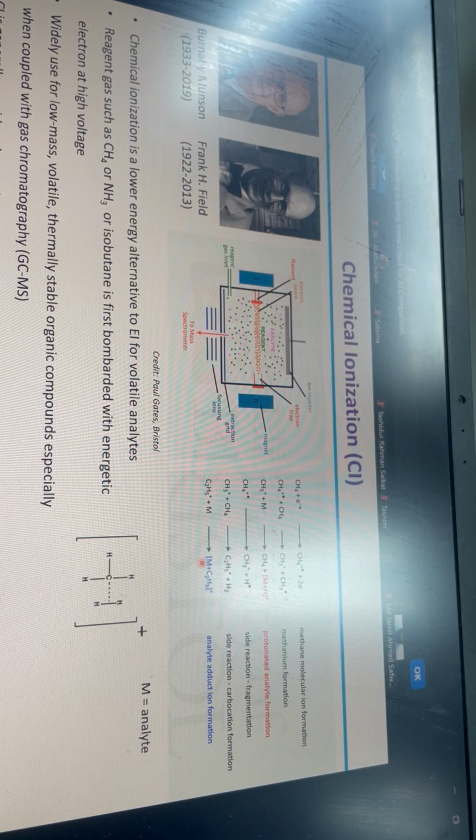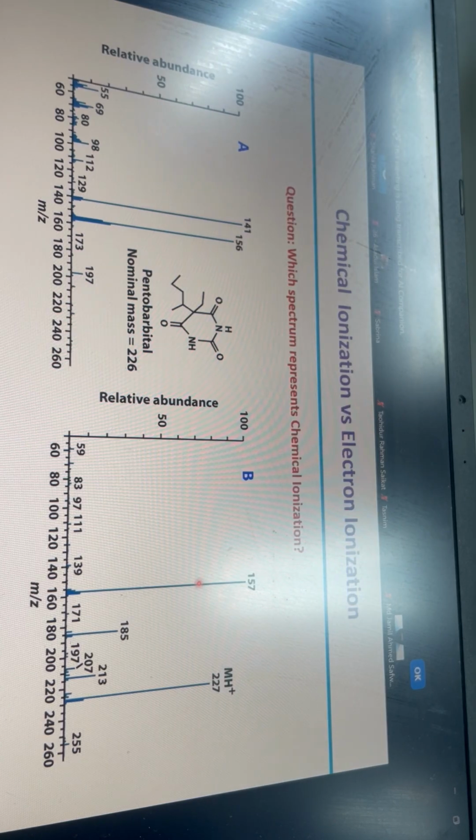So they created a softer technique with less fragmentation, but then a new problem arose: your analyte also forms adducts with other cations. So now you have the same compound but two mass spectra.